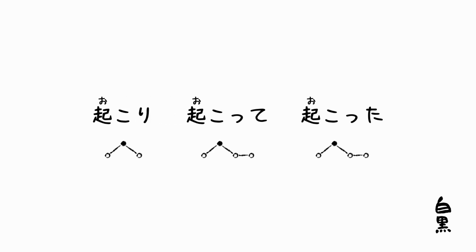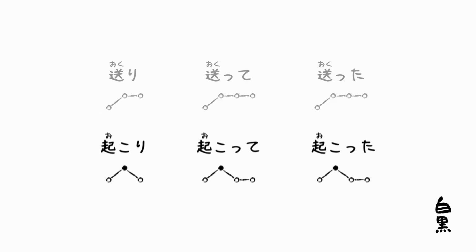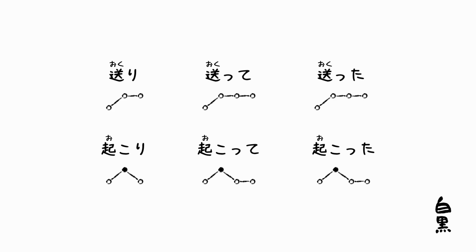When attaching て and た, 即音便 also occurs, so it becomes 怒って and 怒った. You may have already noticed that the pitch of て and た follows the pitch of the last mora of the 連用形. That is why I call them the follower type.